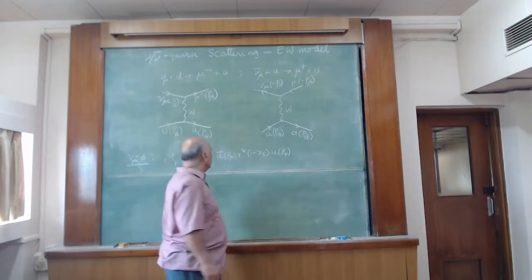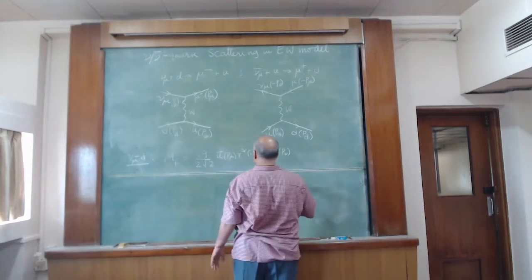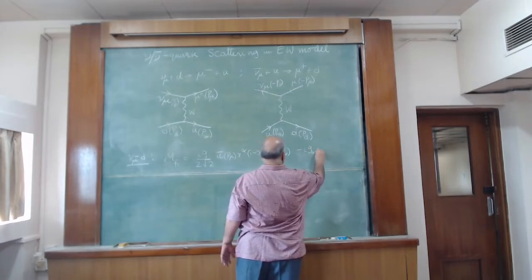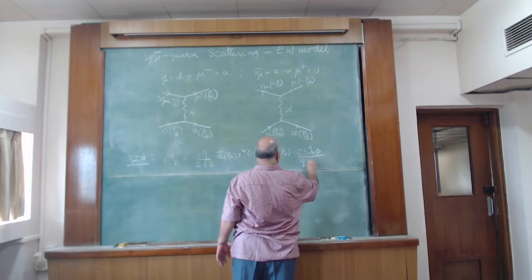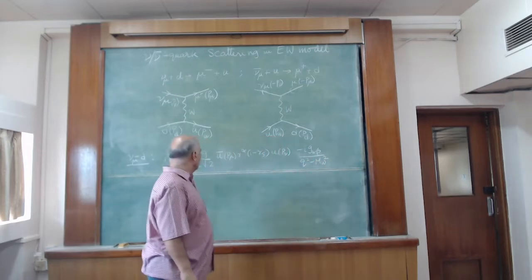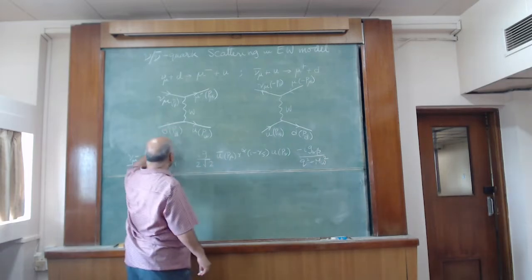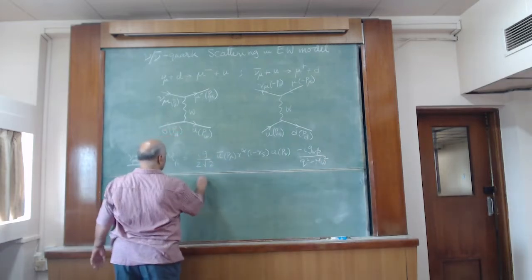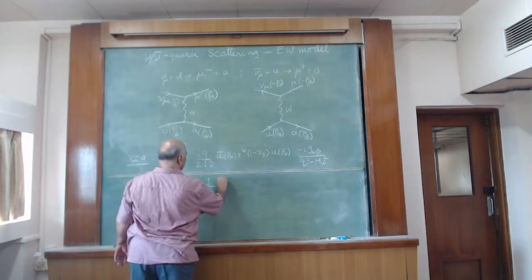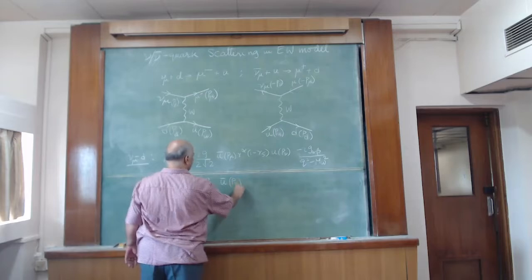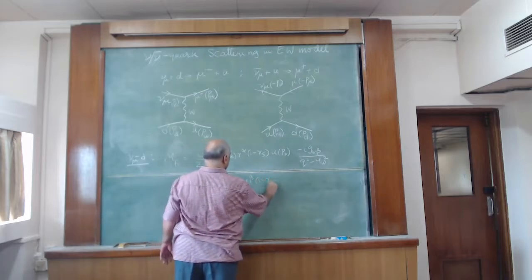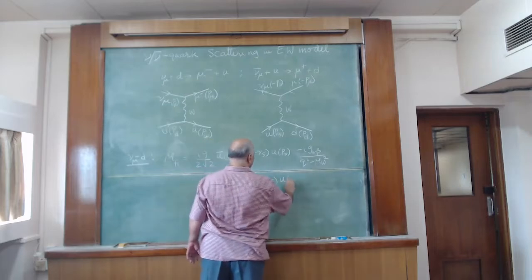There is the W propagator, so that is minus g alpha beta by Q square minus mW square. And here it will look exactly similar: U bar PU gamma beta, 1 minus gamma 5, U.